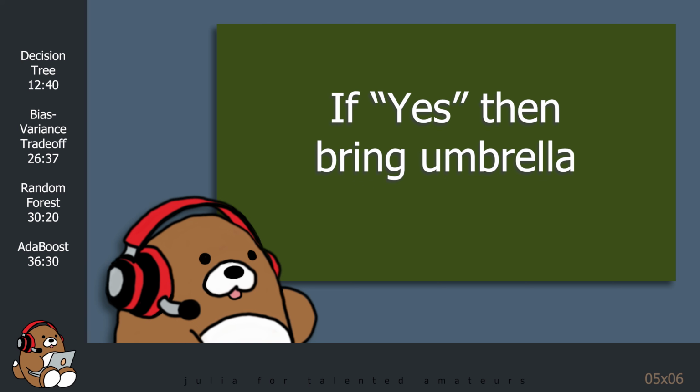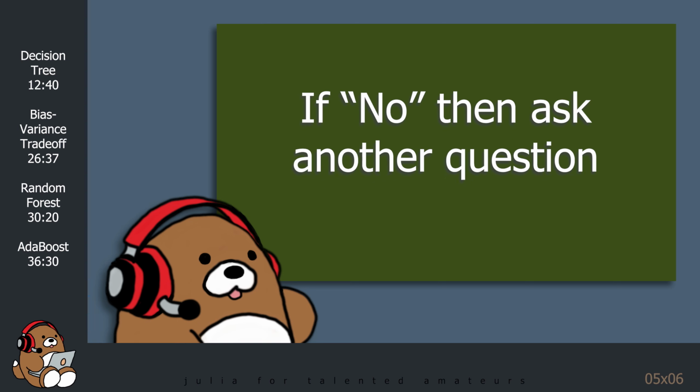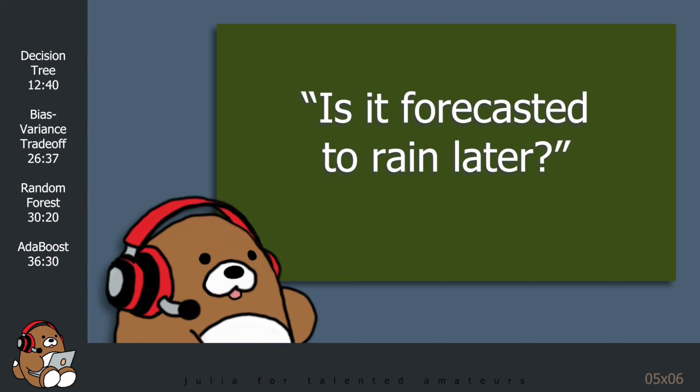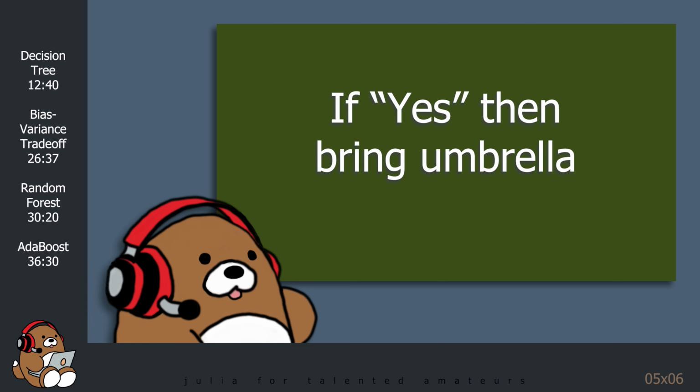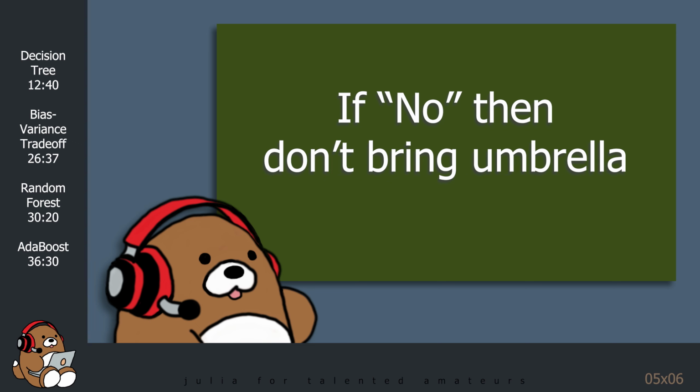If the answer is yes, then it tells you to bring an umbrella. If the answer is no, then it might ask another simple question like, is it forecasted to rain later today? If the answer is yes, it tells you to bring an umbrella. If the answer is no, then it tells you that you don't need to bring an umbrella.